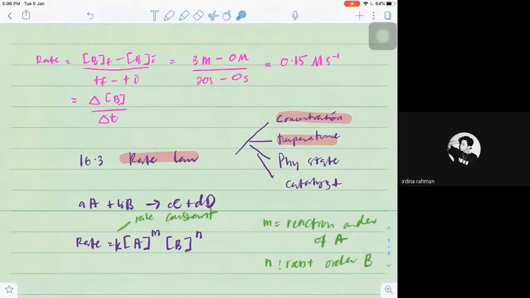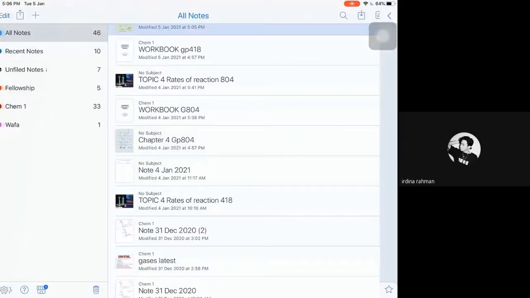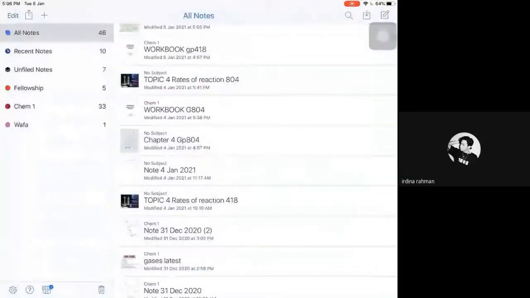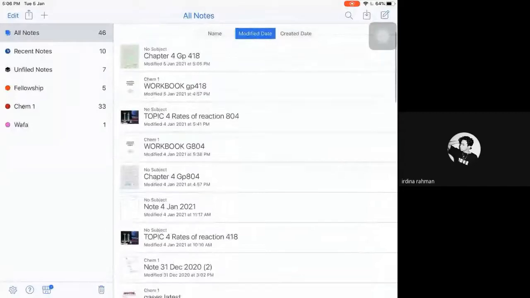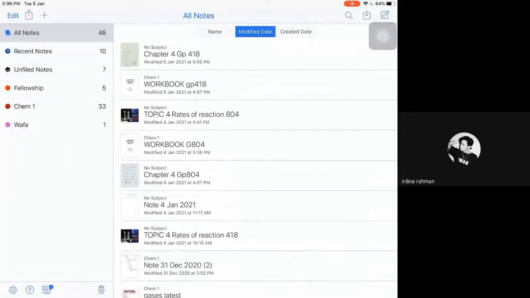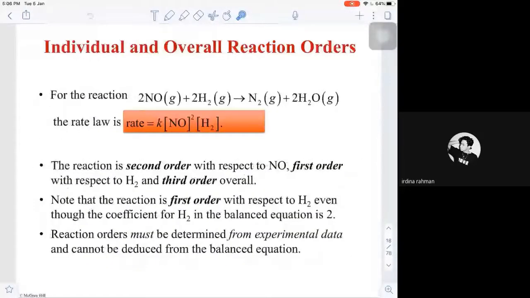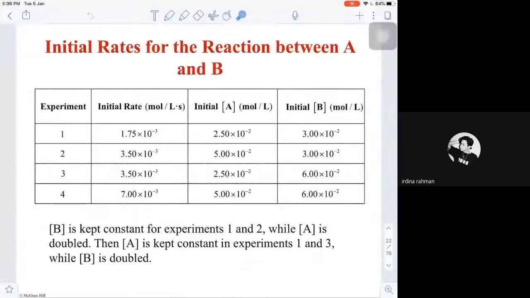Okay, so I want you to look at table 16.1 in the textbook, page 706. How to determine the rate law of this reaction?